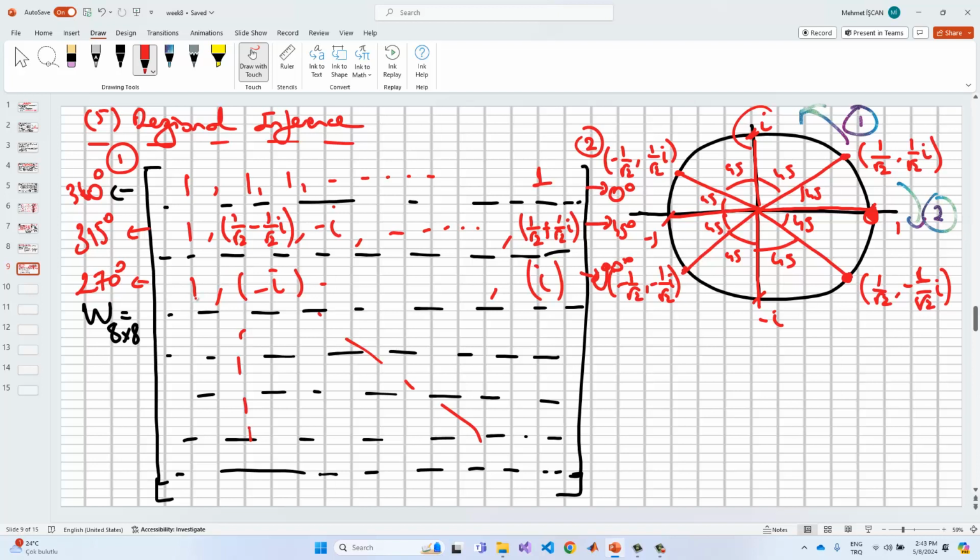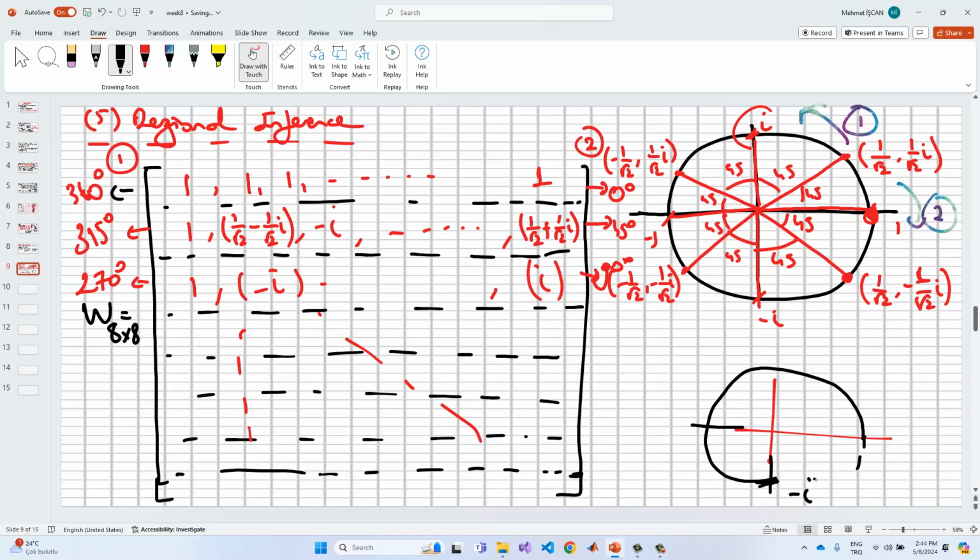In the first place, it's the 1. Okay? This is the 1. Right? And so we have the 270 degree, and so I can go to the 270 degree. What's the value of this term?